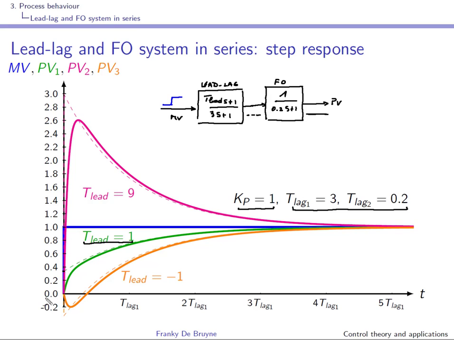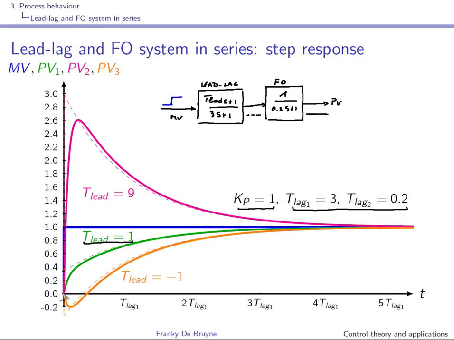When this signal is going through a first order system, you obtain the response here in green, and this is the step response of the overall system with 2 lag time constants and 1 lead time constant when t lead is equal to 1.